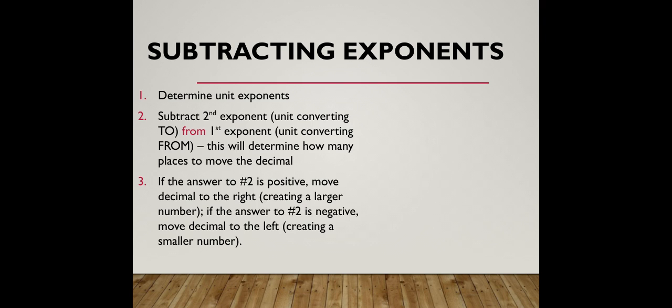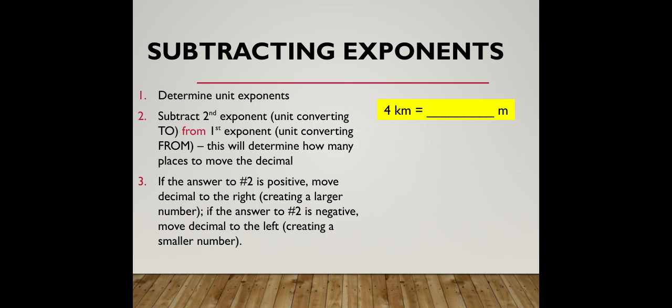You're going to subtract the second exponent from the first, or basically the unit you're converting to from the unit you've converted from. That's going to tell you how many decimal places you need to move. If the answer from your subtraction is positive, then you're moving the decimal to the right. If the answer from your subtraction is negative, you move it to the left.